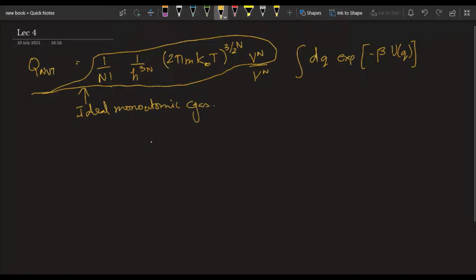So let's take this further and see whether we can derive some simple thermodynamic properties for the ideal gas system. So this is the ideal part of the partition function, where lambda is given by h by root of 2 pi m kBT.